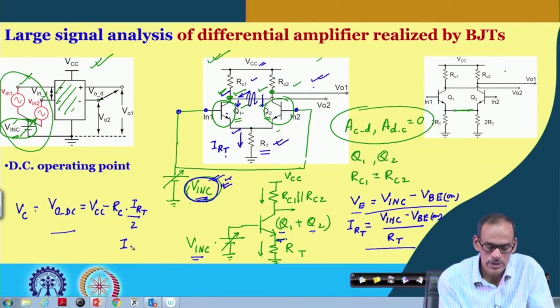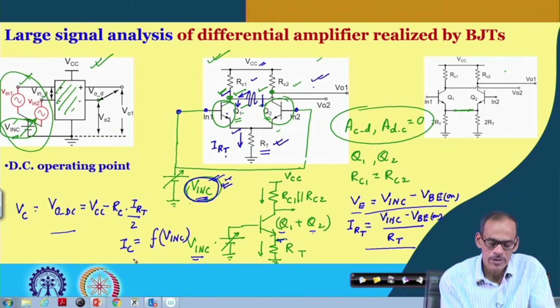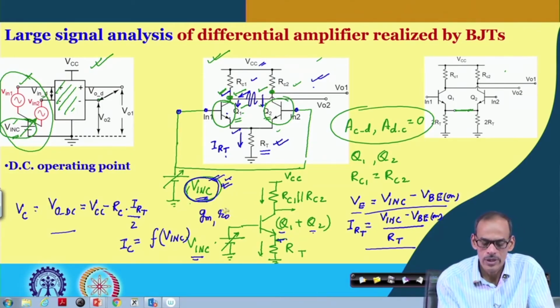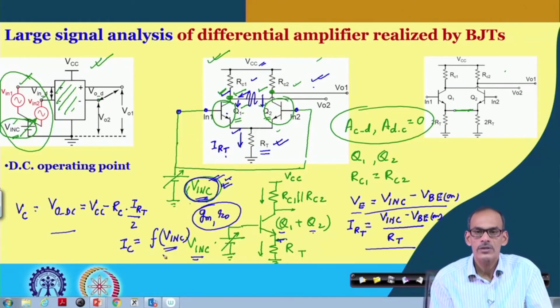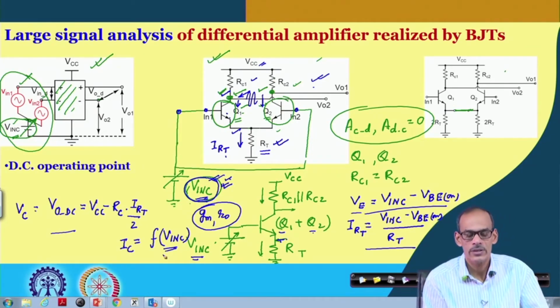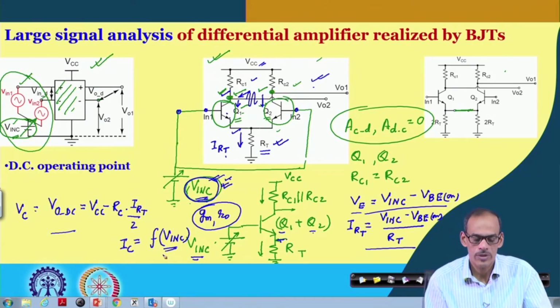So, I should say that the collector current is a strong function of Vinc, and hence all the small signal parameters, namely gm and ro, are strong functions of this voltage. But as long as the devices are in the active region of operation, typically they do not have any problem for proper functionality of the differential amplifier.